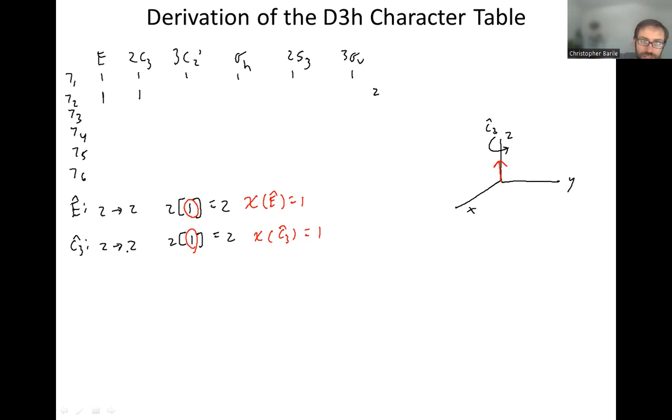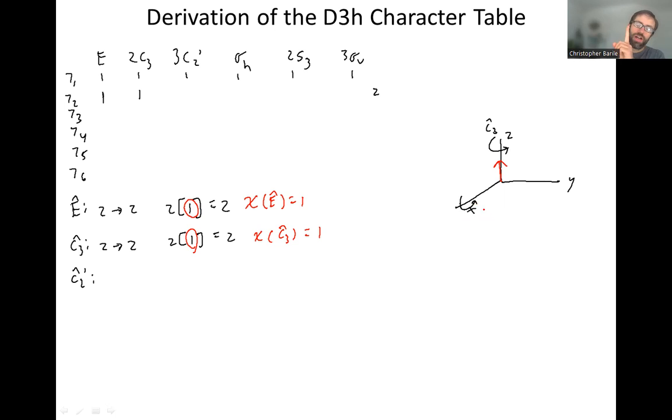What about a C2 prime? Now there are 3 different C2 primes. We're going to define one of these C2 primes as being perpendicular to the x-axis. That's usually what you want to do when deriving the character tables. It'll make things the simplest for you, and by convention, it's what others do as well. Anyway, we have a 180-degree rotation. We're spinning everything like this, right?